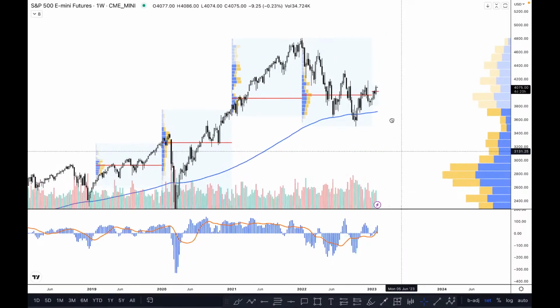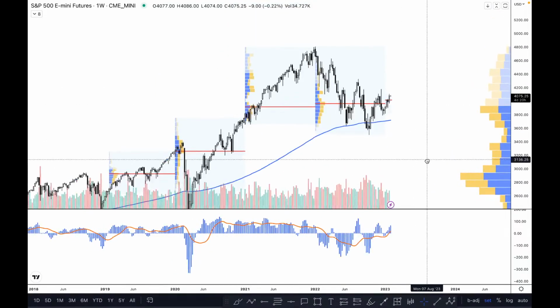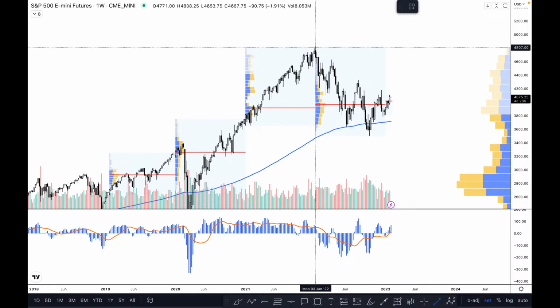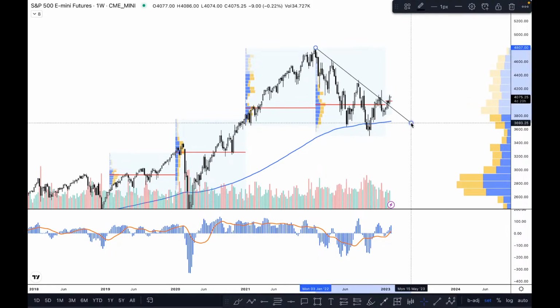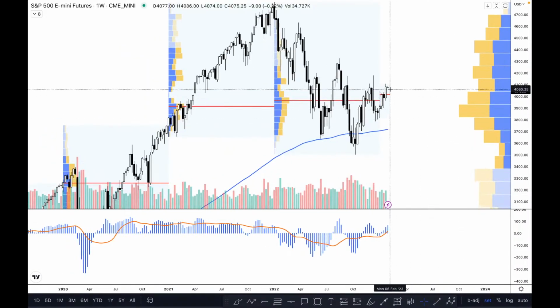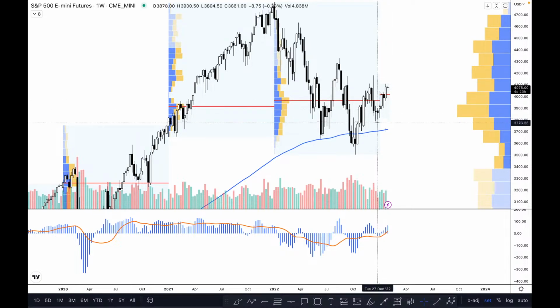So this guy definitely held at this 200 moving average, and at this point, it's hard to say it looks bearish. With this weekly candle, we're going to need to see a complete erase of last week to really have a super bearish bias.